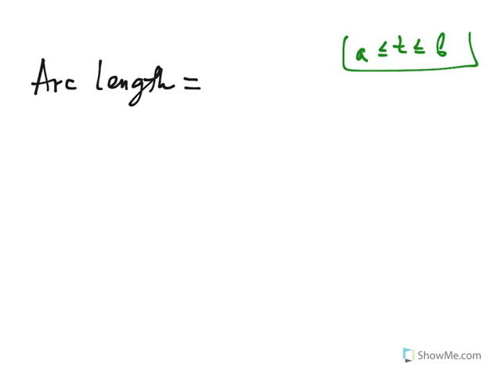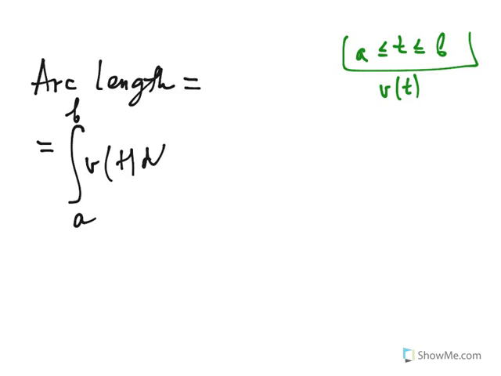And if the velocity v(t) is given, then in order to find the arc length, all you have to do is integrate v(t) dt, which means that you just need to take the square root of (dx/dt) squared plus (dy/dt) squared, because v(t) we just defined.